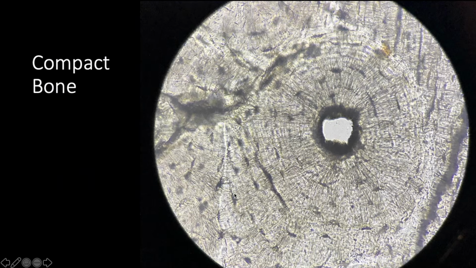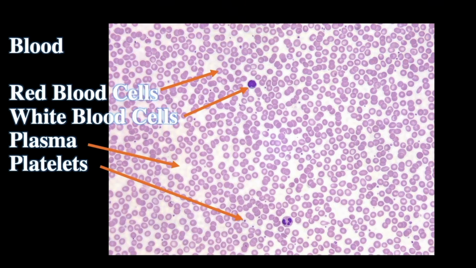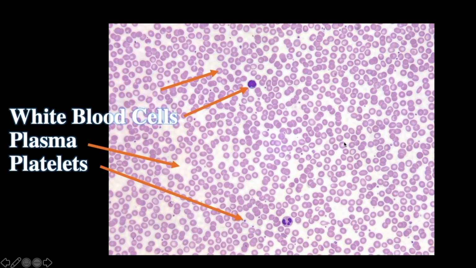Compact bone again. All right, here's another tissue called blood. Fluid tissue. This is also a type of connective tissue. This is blood. What are the components? Well, you have these red blood cells here. Most of these dots here are all red blood cells.